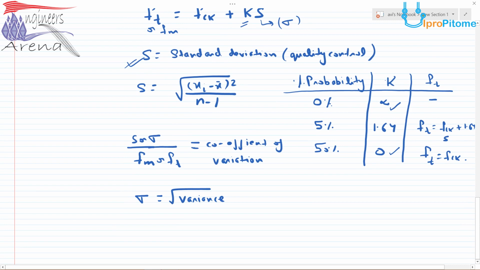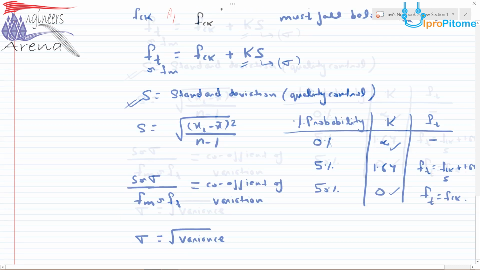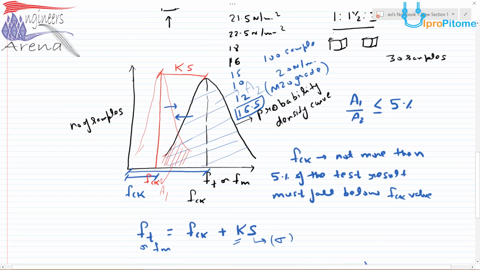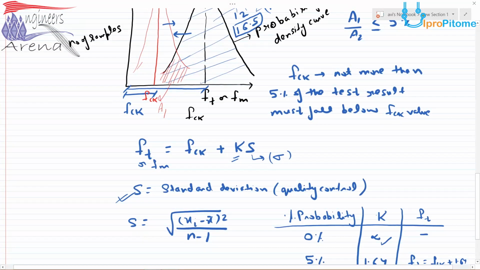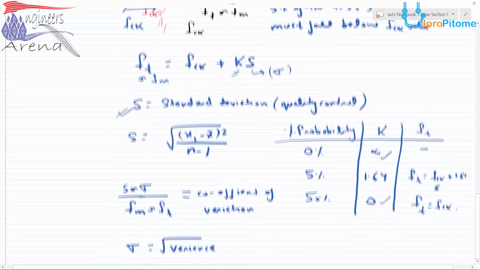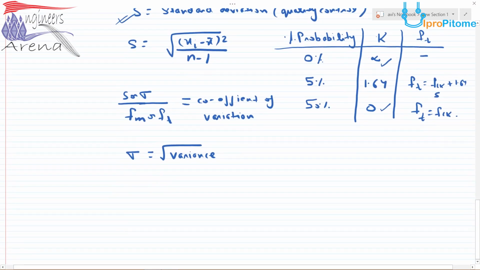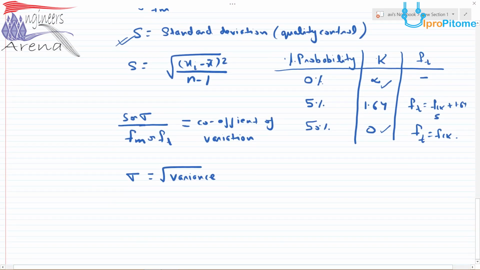Now let us see what quality control is. This is xi minus x bar. If you are taking M20, then xi will be 21.5 and x bar will be 20, so 21.5 minus 20 whole square, divided by the number, and we do this for all the samples.